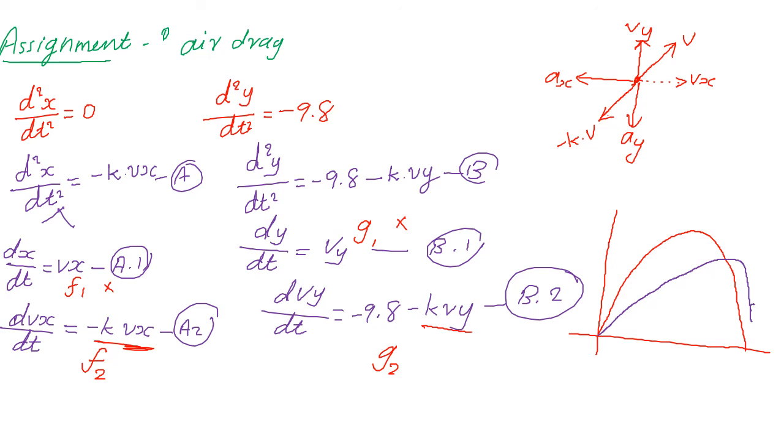Okay, so please see that. Okay, so this is for air drag. By considering air drag, it will not be a symmetric parabola, and this is no air drag, so it's a parabola, symmetric parabola.